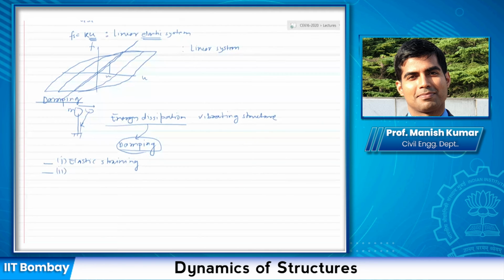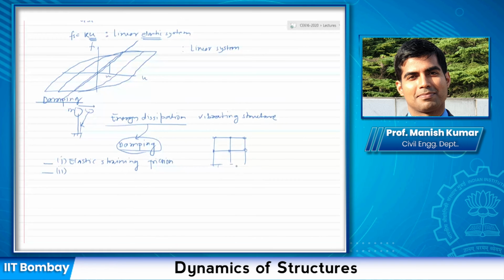What could be the other energy dissipation mechanism? Due to elastic straining at the molecular level, you have friction at the molecular level, and it leads to dissipation. Other could be, let us say you have a steel frame structure. Now these frames could be either bolted or welded.